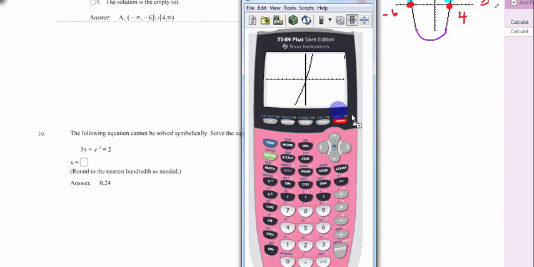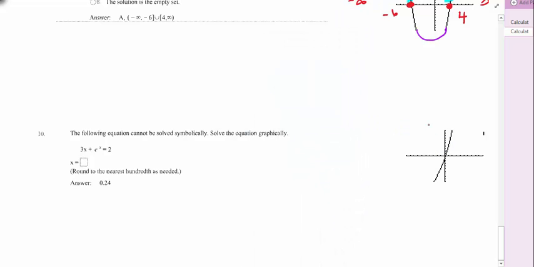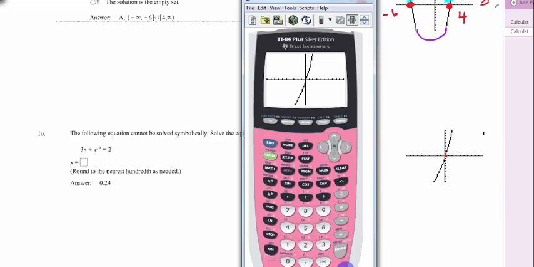That's an exponential function, and we're just solving the equation. It's not an inequality, so we're trying to find that place where it crosses right there. So all you have to do, if you have y2 to be 0, second calc 5, enter, enter, enter. You get this kind of number.